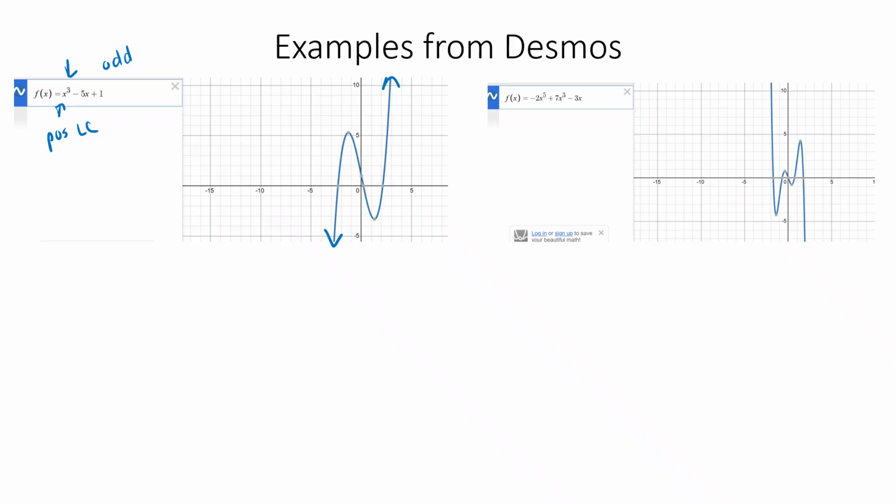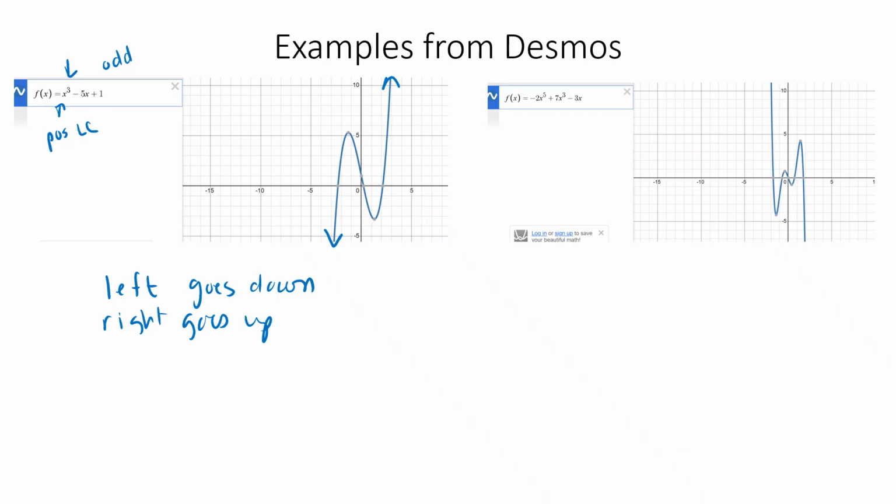Now there's two ways that you could state the end behavior. The informal way is to simply say something like this: the left goes down and the right goes up. We're basically saying the left-hand side of the polynomial is pointing down, the right-hand side is pointing up.